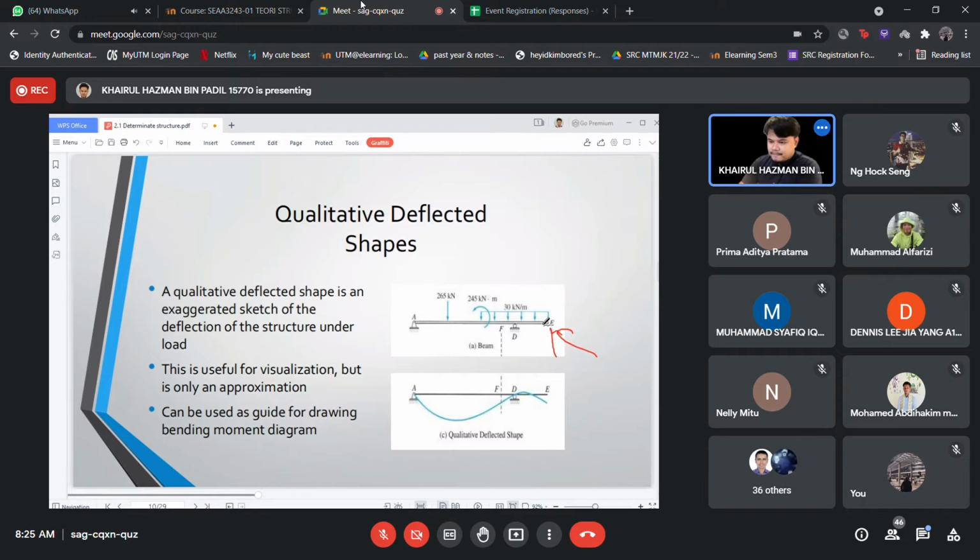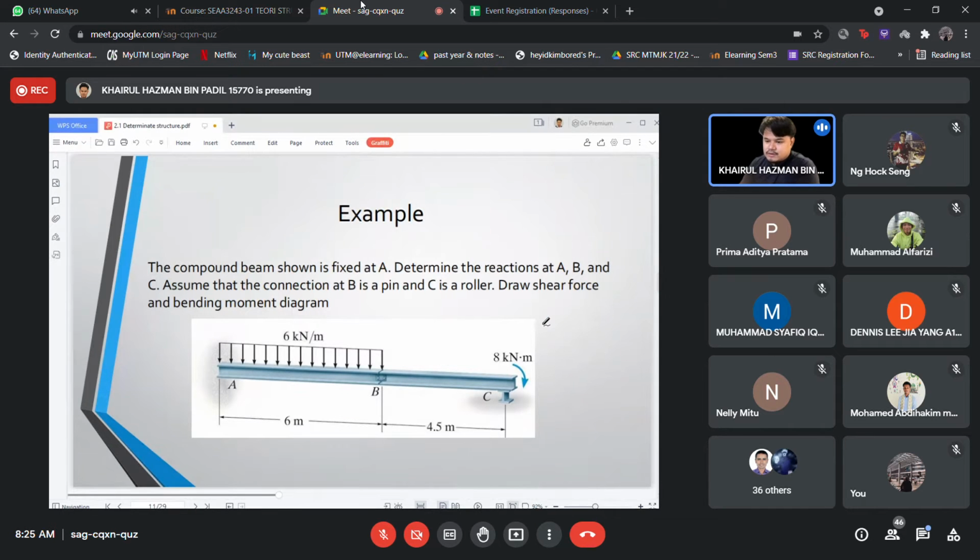See? So another example: the compound beam shown is fixed at A. Determine the reactions at A, B, and C. Assume the connection at B is a pin and C is a roller.